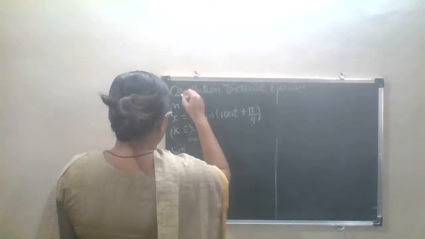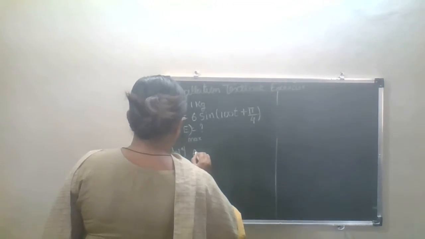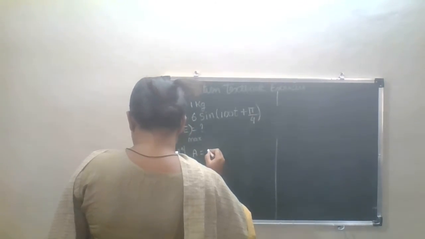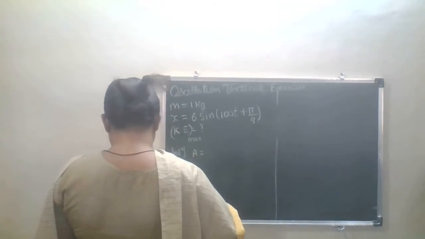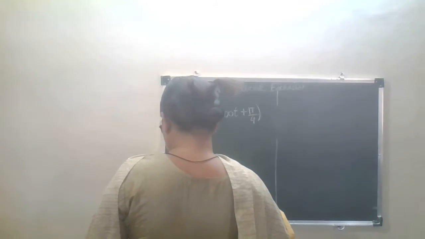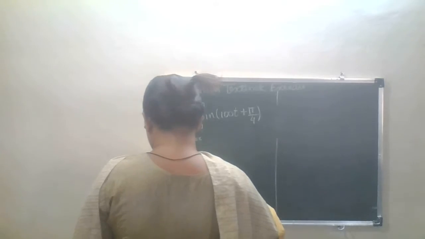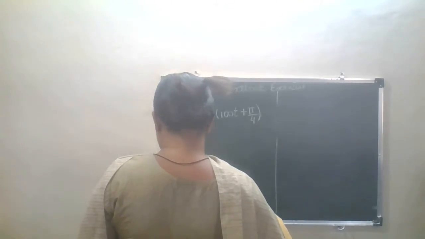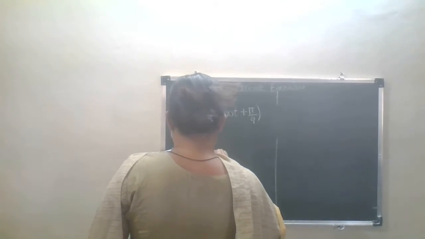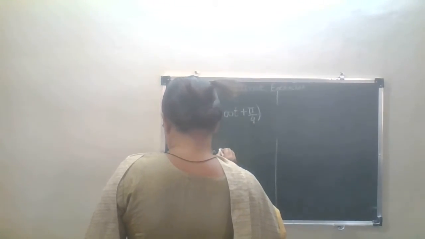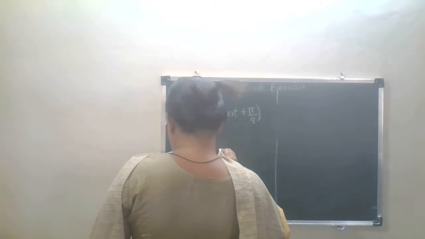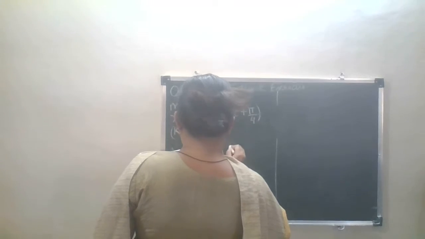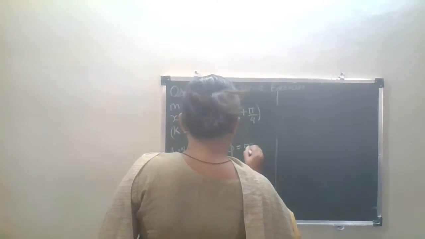Comparing this equation, we got that a is equal to 6 centimeter, and phi is equal to pi by 4.